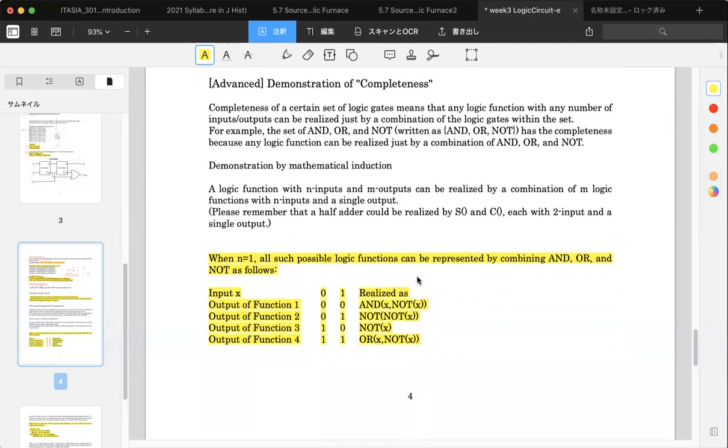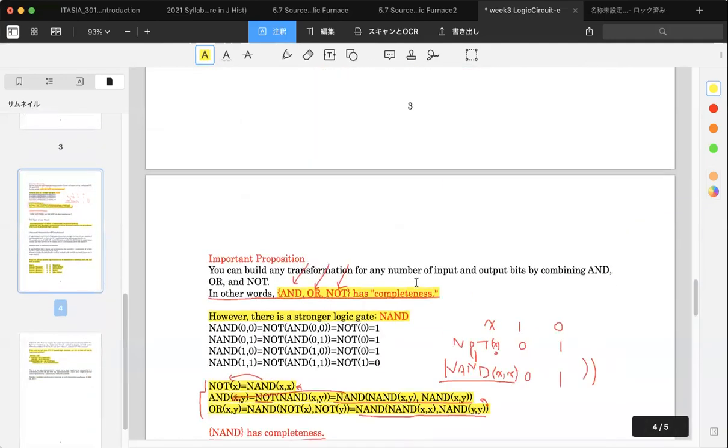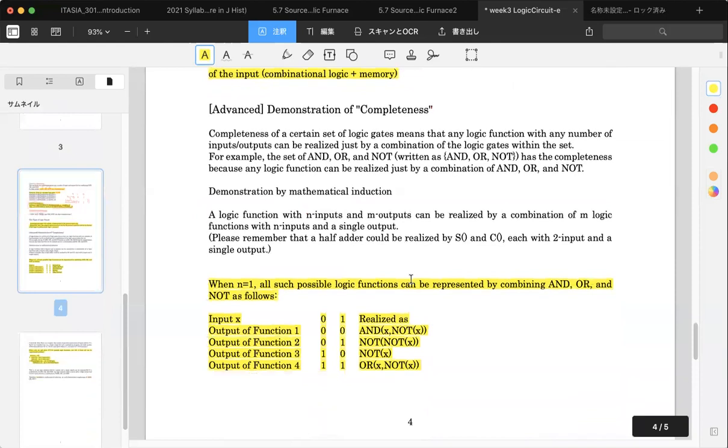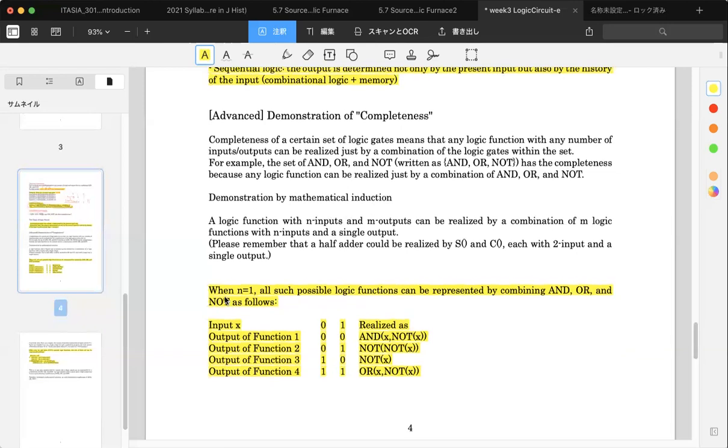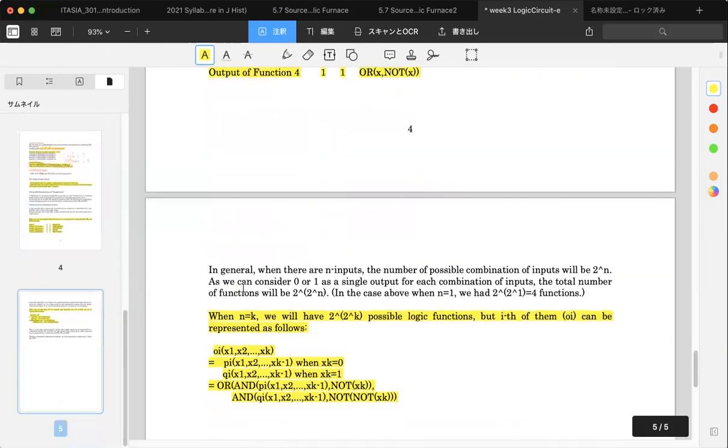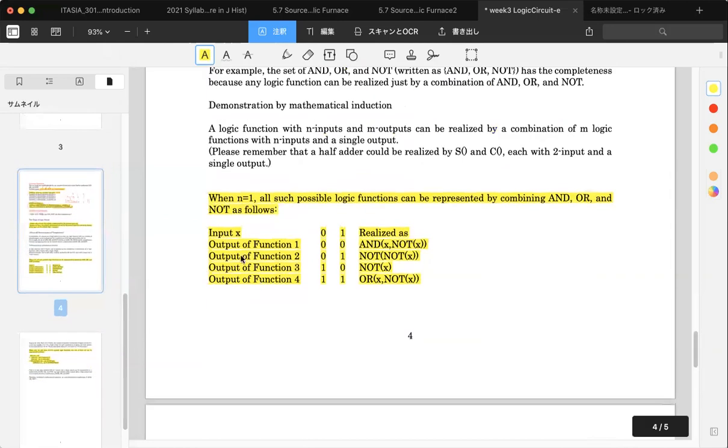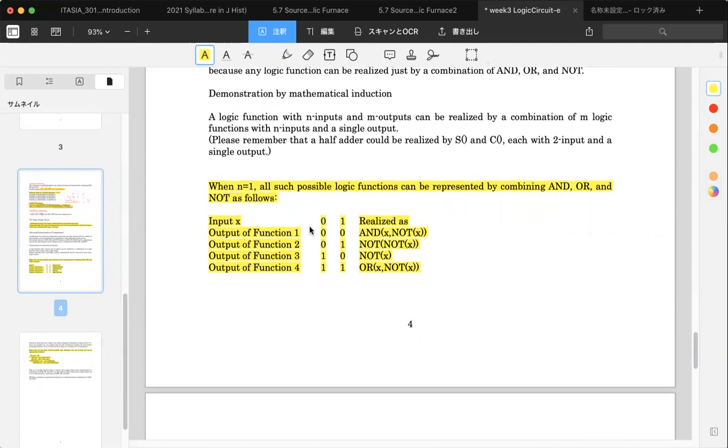Yeah, and in previous cases, we saw how the logic is when there are two inputs as well as when there are three inputs. And here, I didn't bother to calculate this because it's too troublesome. But here it just says how it should be when we have n inputs. So when n equals 1, meaning we only have one input, then it should be as such.